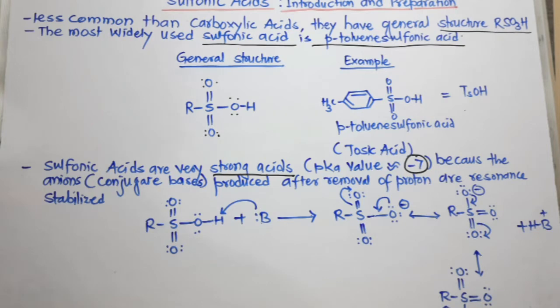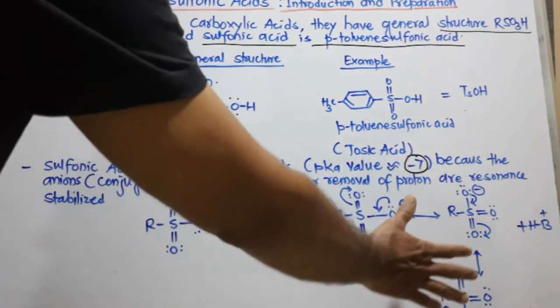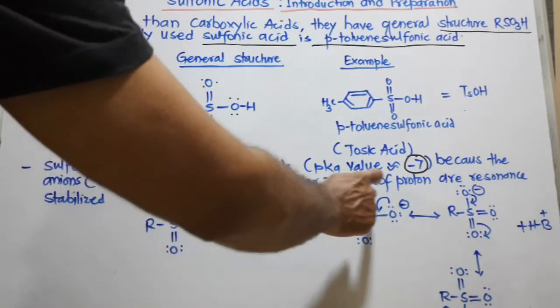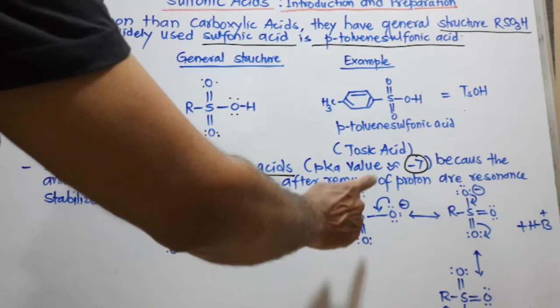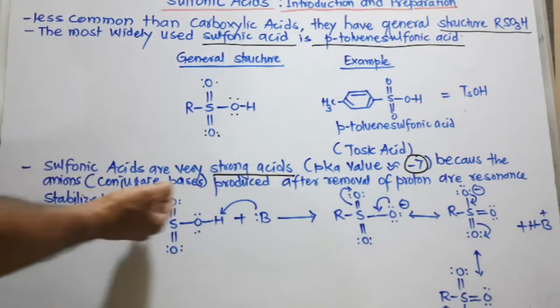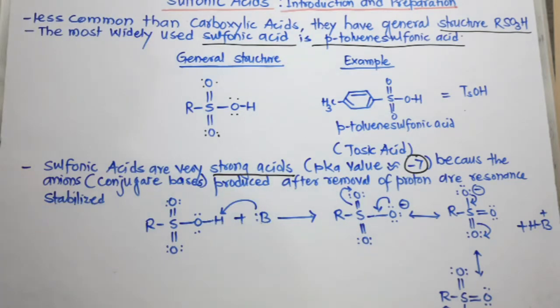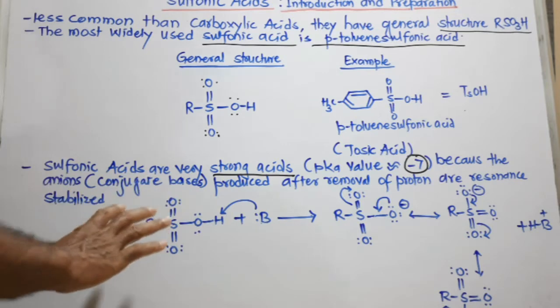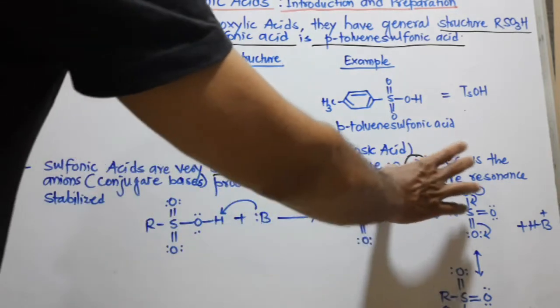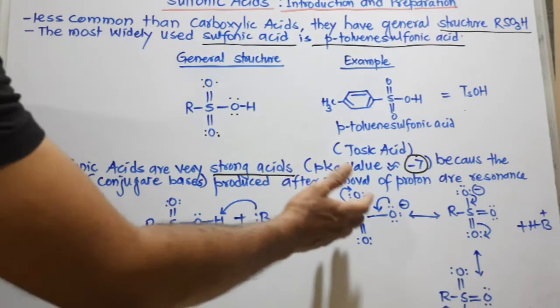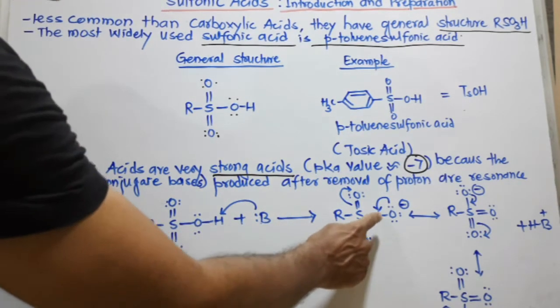Because we have seen before that whatever anion is produced by the removal of a proton, if that anion, or you may call it a conjugate base, is more stable, then the acid is stronger. In general, stronger acids have a weaker conjugate base. So why is this weaker? Because this anion is stabilized.